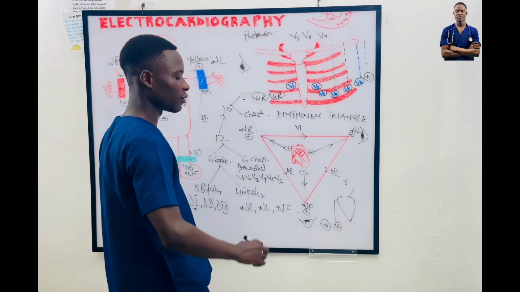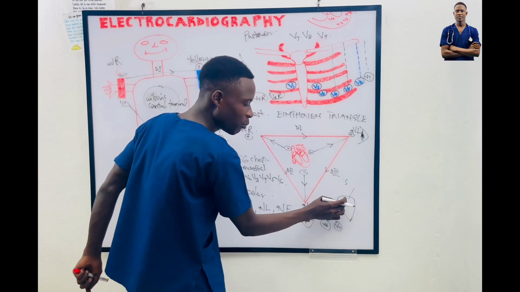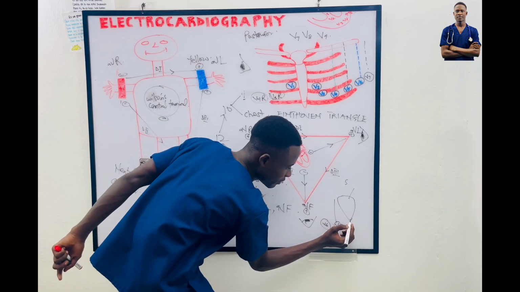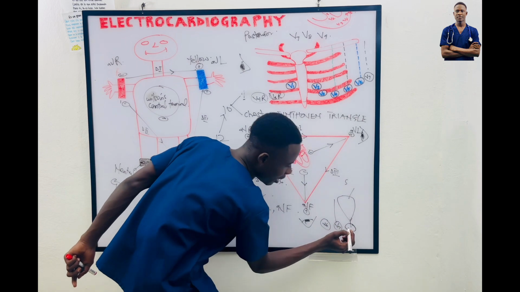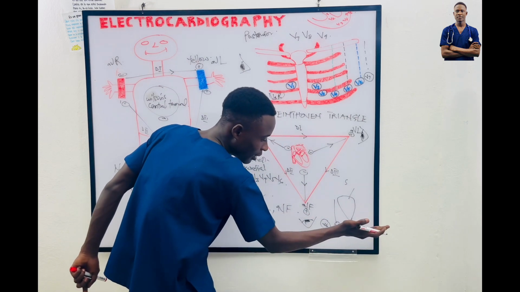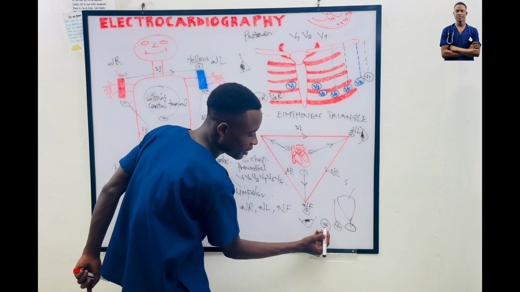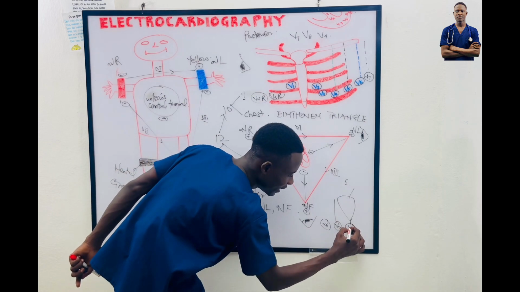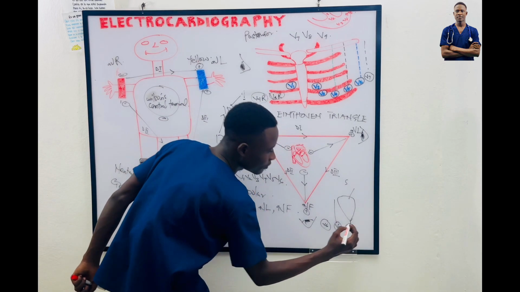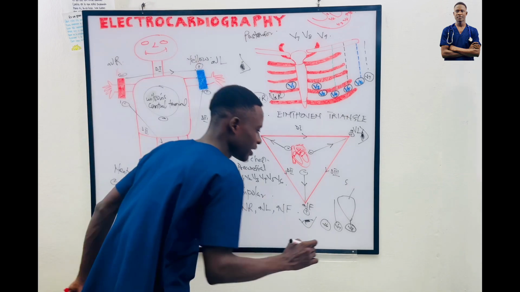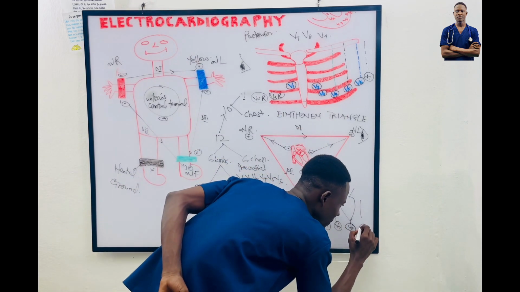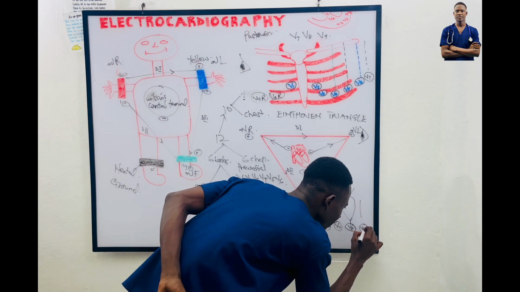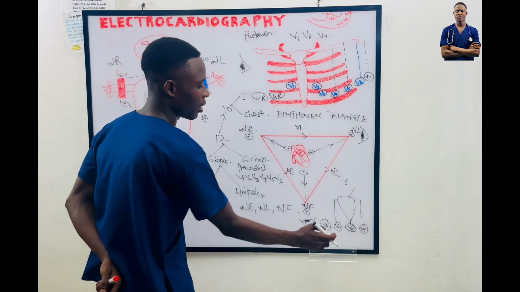Now, at the tip of the scapula, on the same horizontal line as the V6, we place the V8, and then the V9 is placed at the para-spinal side.